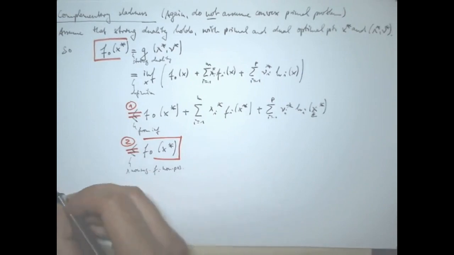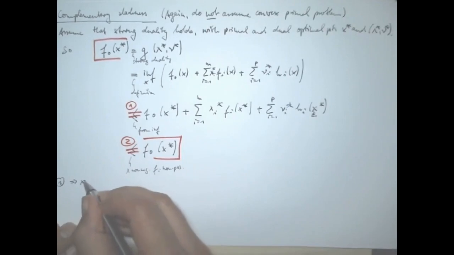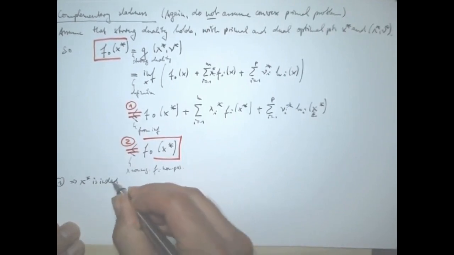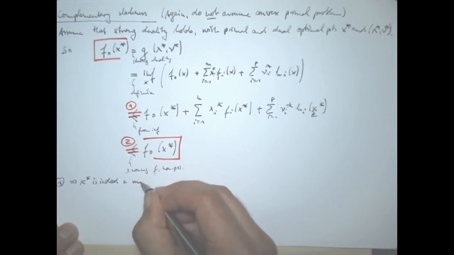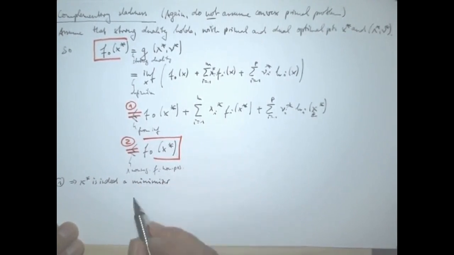So equality 1 tells us that x star is indeed the minimizer, or if there's several ones, then x star is indeed a minimizer.